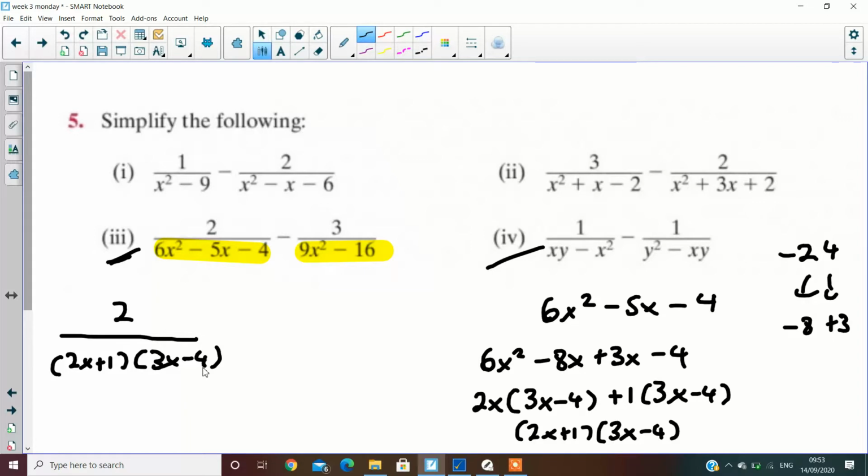Now the next part of this is to factorize the 9x squared minus 16, okay?